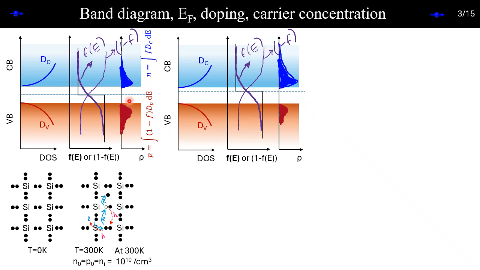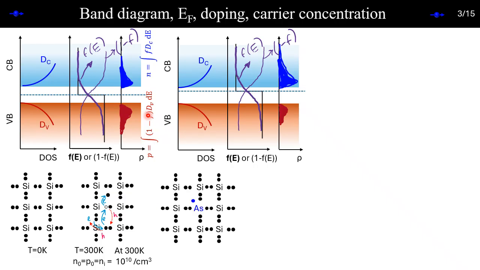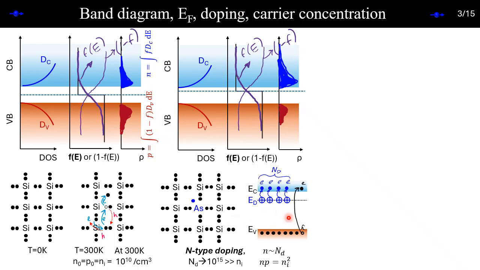That is the product of these two areas. So n times p, we will derive it, but just a teaser, n times p will be constant. Is it clear? Any questions? So this we have already explained. I'm not spending time on it. So this is the mechanism.